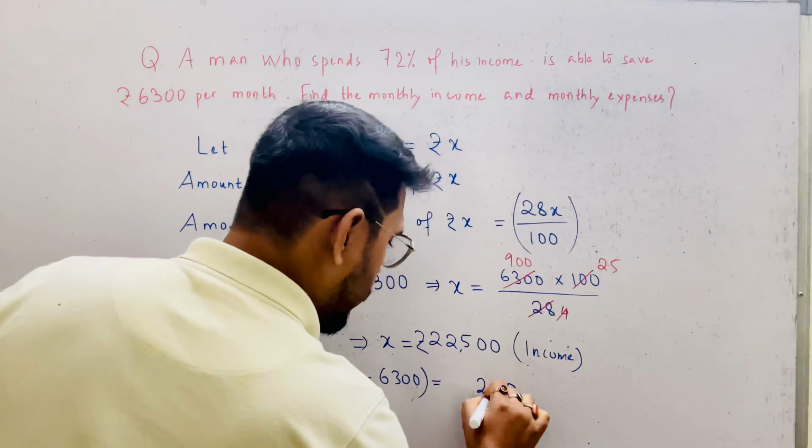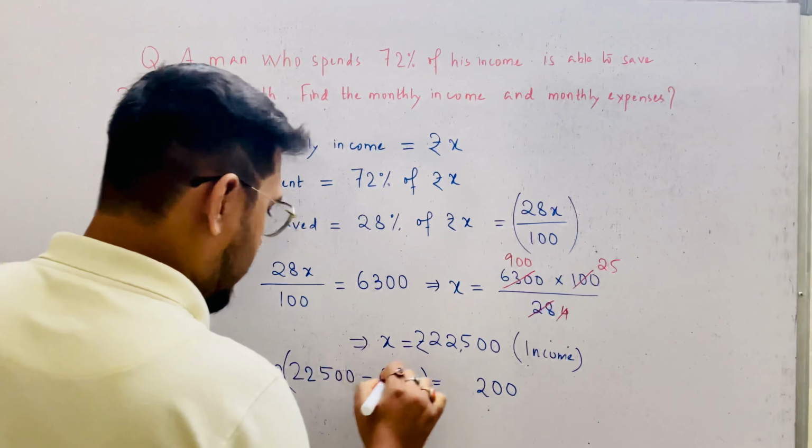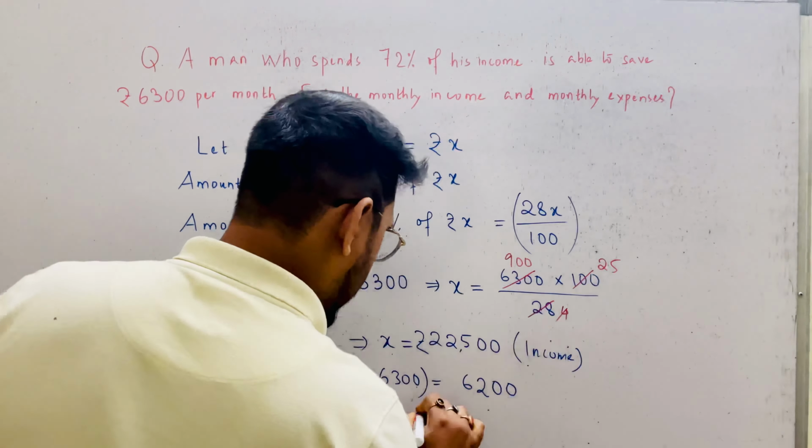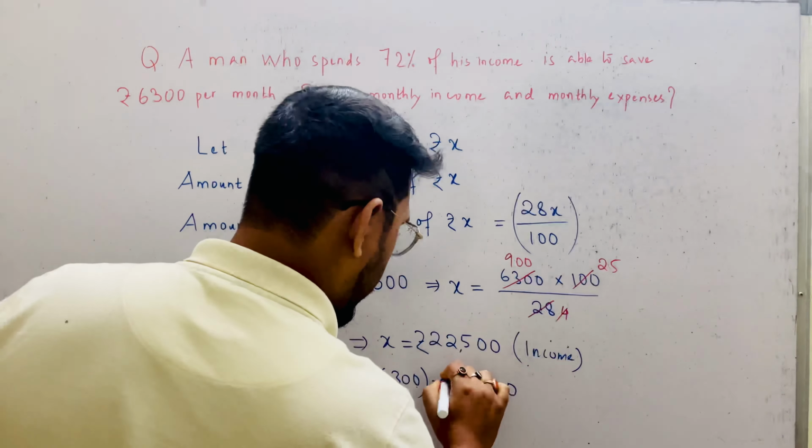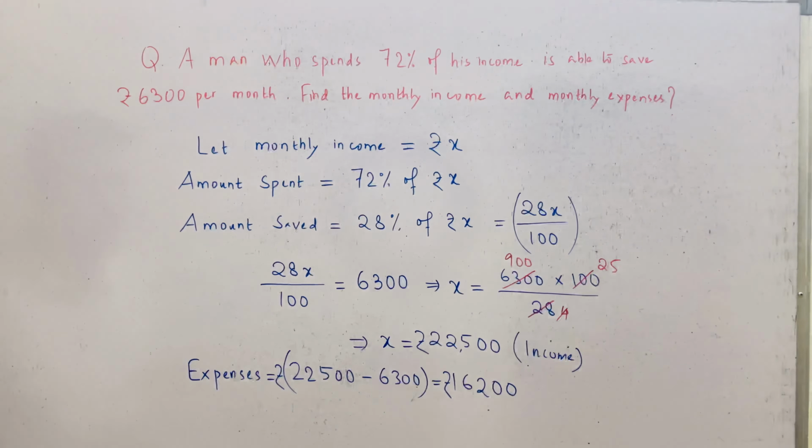So this is 16,200 rupees. This is the expenses. So out of his total income of 22,500 rupees, he spends 16,200 rupees and he saves 6,300 rupees. This is the total summary of the question.